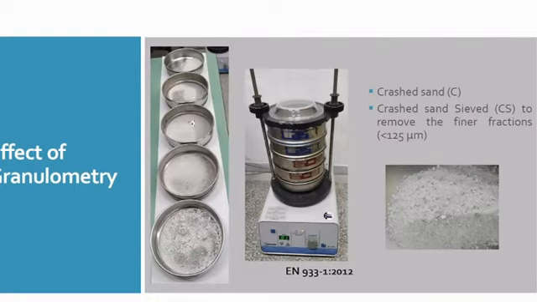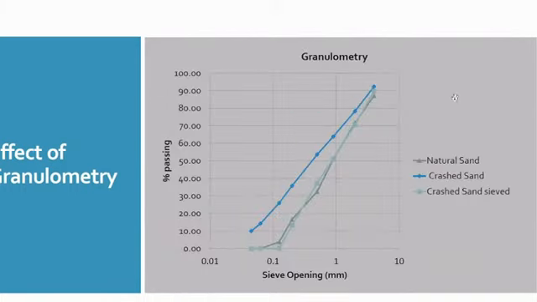We used standard sieves and a vibrating sieving machine, the same equipment we used to remove the finer fractions, lower than 125 microns, from the crushed sand. So these are the gradations of the three sands we used.